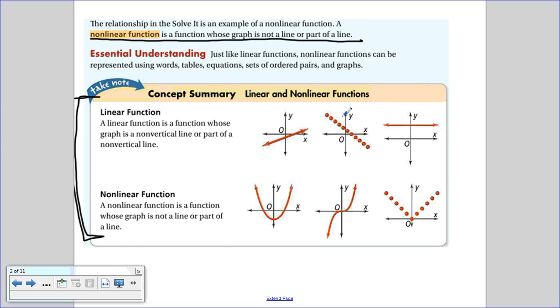Anything that's not one continuous line is nonlinear. It's not that it has to go forever. It could be part of a line, so it could only go from this point down to this point. But if it has any sort of a curve, or if it stops and shoots off into another line, that's nonlinear.